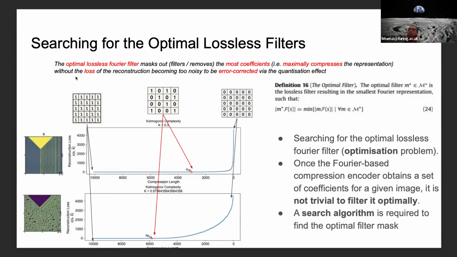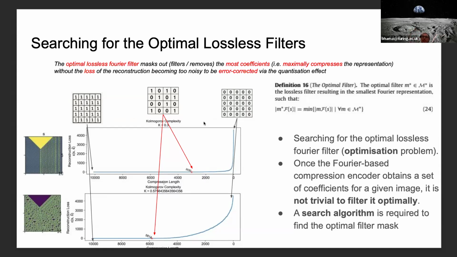On the extreme cases, you have your trivial lossless filter, which is all 1s, and on the other end, you have all 0s, which would lose all the coefficients, all the information, and you wouldn't retrieve the original image at all. Somewhere in between, you're going to find your filter, which is still lossless and yet masks out the most coefficients and will produce the smallest compression for that particular image.